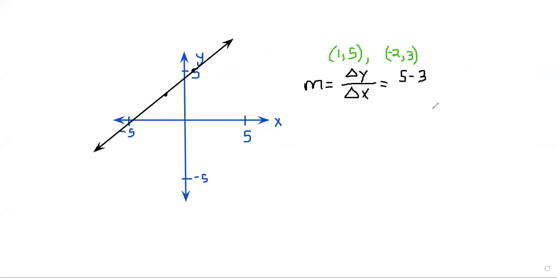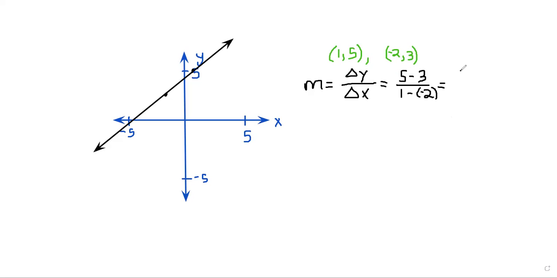That's the difference between them. 5 minus 3. Now, how does x change? Well, here's one x value, 1, and the other x value is -2. So we have x changes as 1 minus, and I'm going to put parentheses here just to keep it organized, 1 minus (-2). Okay, now what does that work out to be?